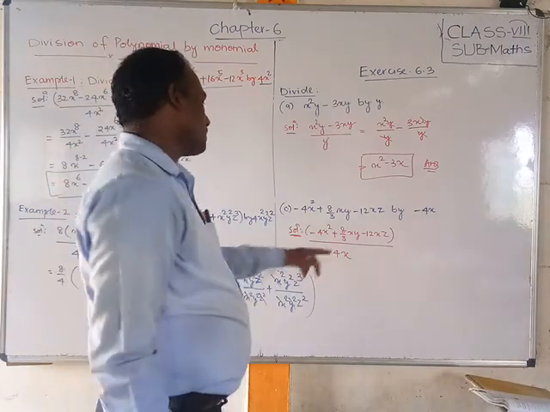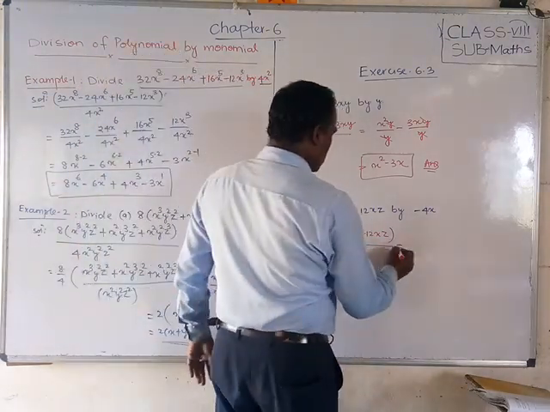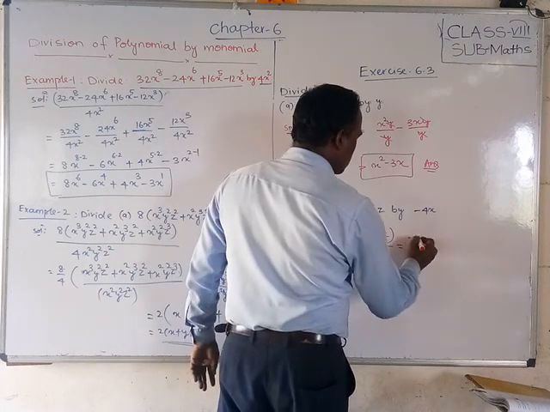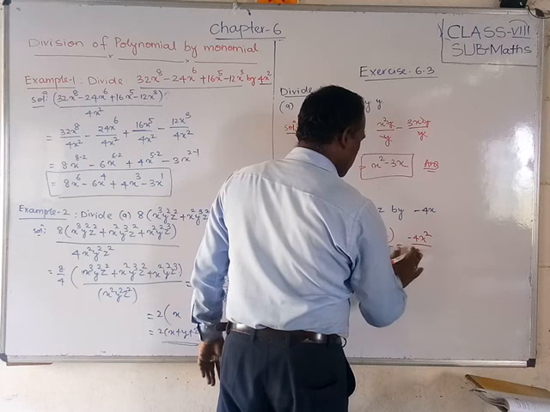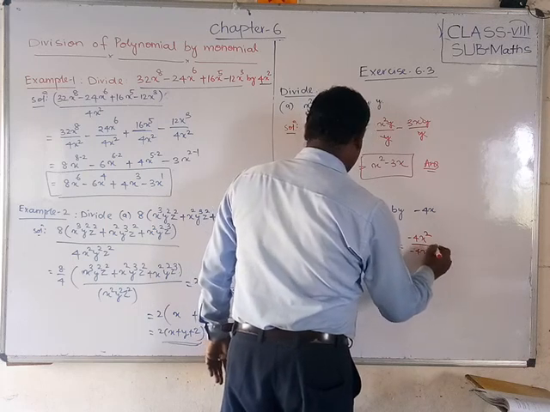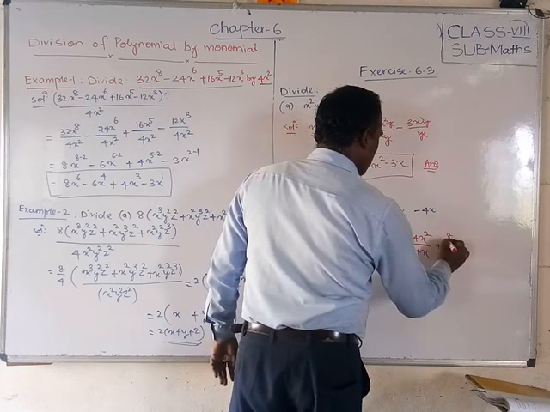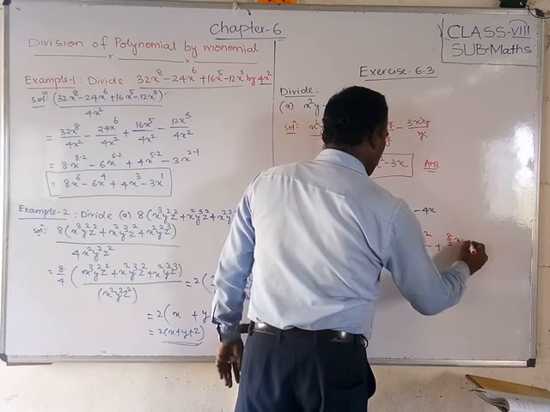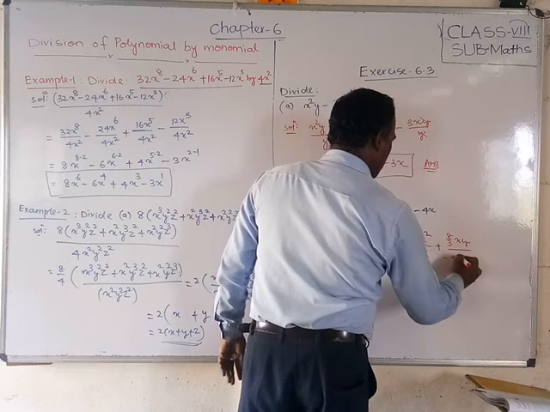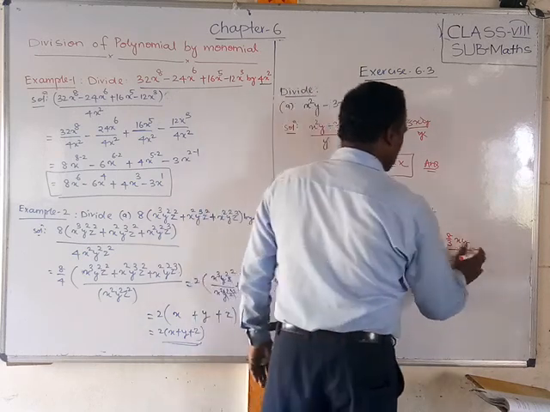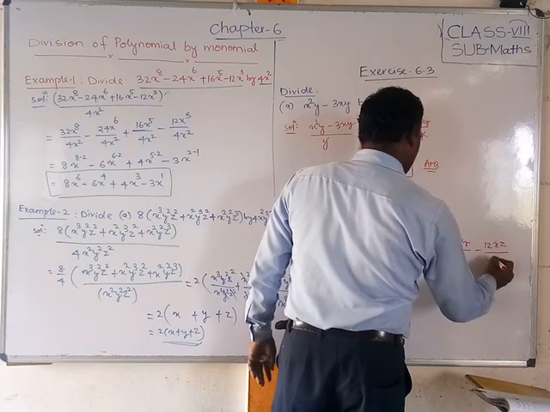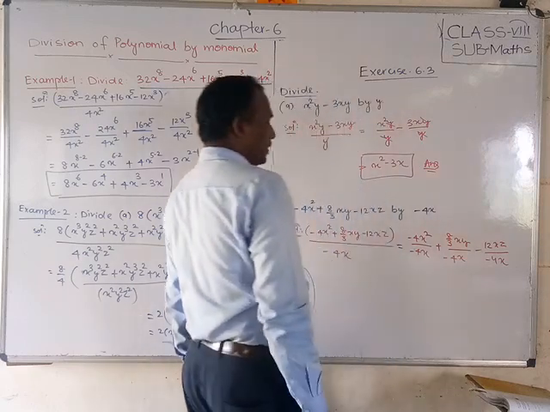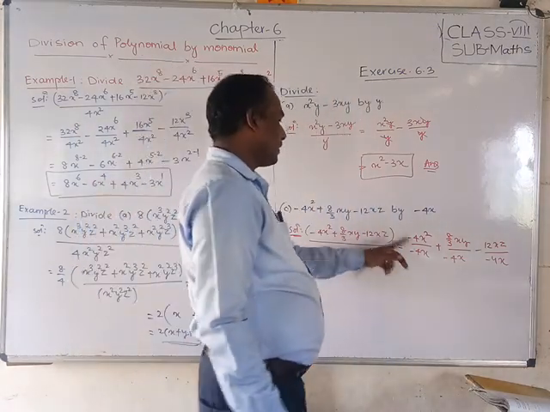Each term you should first divide individually. So it is 4x square by minus 4x plus 8 by 3 xy by minus 4x plus minus 12 xz by minus 4x. Now each term is divided individually by minus 4x.